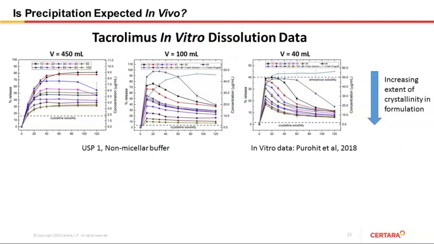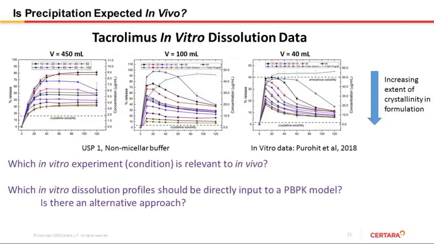And you can see at the top here that they undertook these experiments in 3 different volumes of fluid, 450, 140 mils. And you can see on the 2 right profiles that all of the formulations except the Prograf precipitate after a certain time. There's a relatively rapid initial dissolution, and then all of them precipitate after a certain time.